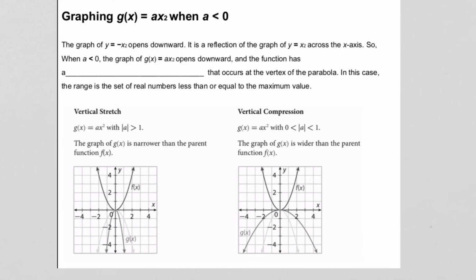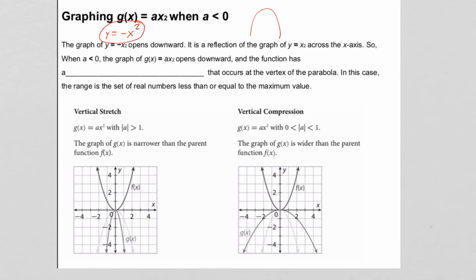So here we go. The graph of y is equal to, and I'm going to rewrite this because sometimes when I type these out, it doesn't come out the way I intended. So the graph of y is equal to negative x squared. That opens downwards, right?